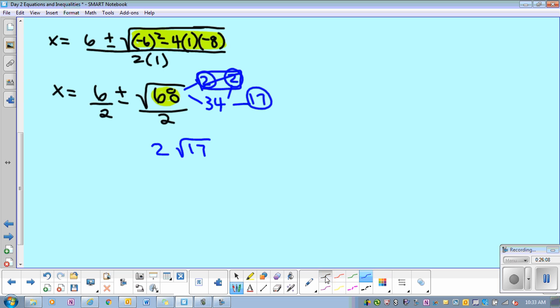All right. So I'm going to write all the other stuff around it: 6 over 2 plus or minus that over 2, right? All I did was rewrite the square root of 68, but I brought down all the other stuff. Does that make sense? Yeah.